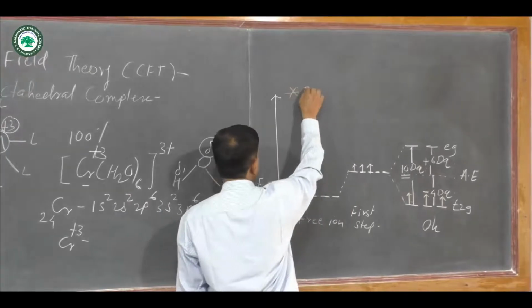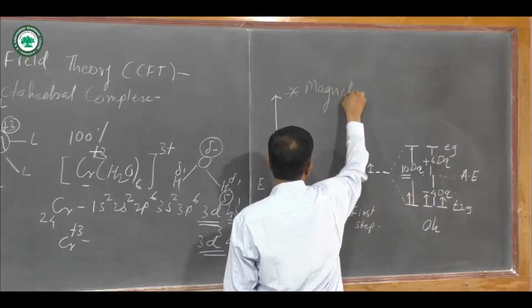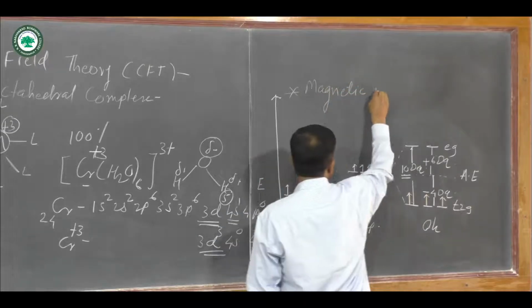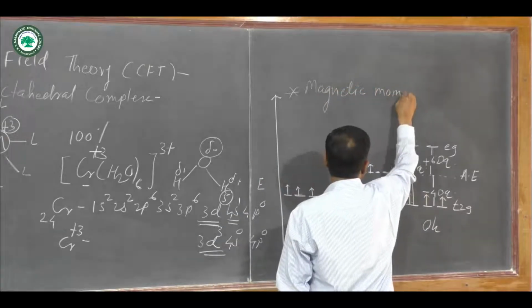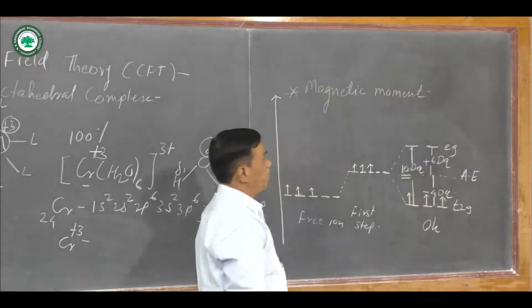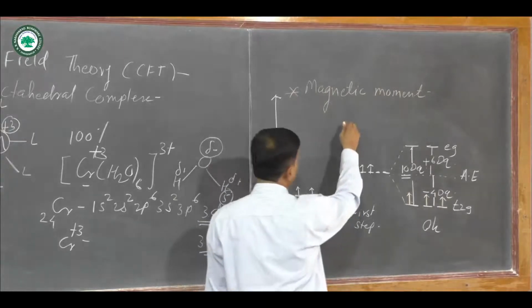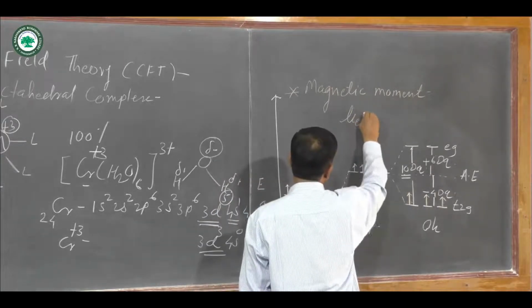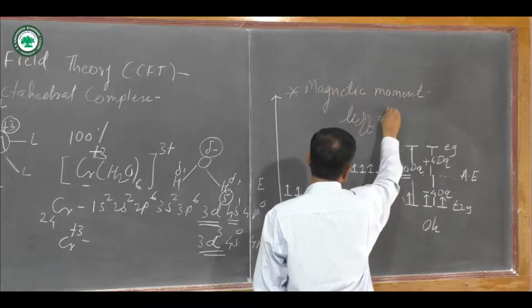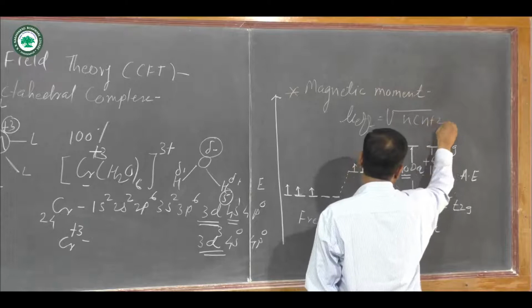The next point is how magnetic moment is determined by crystal field theory. Magnetic moment is determined by using the spin only formula. Spin only formula: mu effective is equal to under root of n into n plus 2.